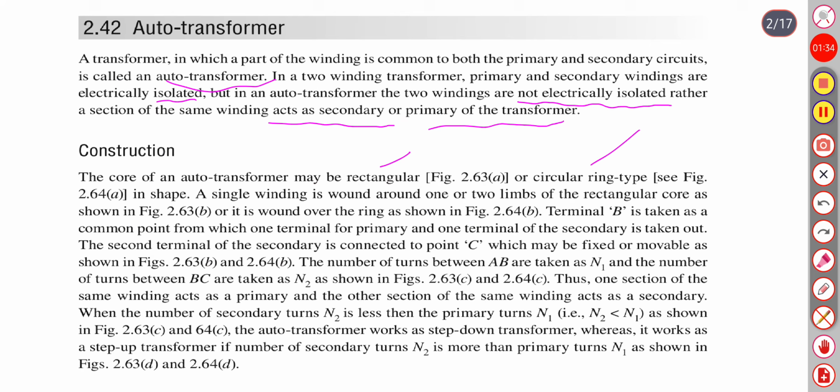A single winding is wound around one or two limbs of a rectangular core as shown in the figure, and it is wound over the ring.